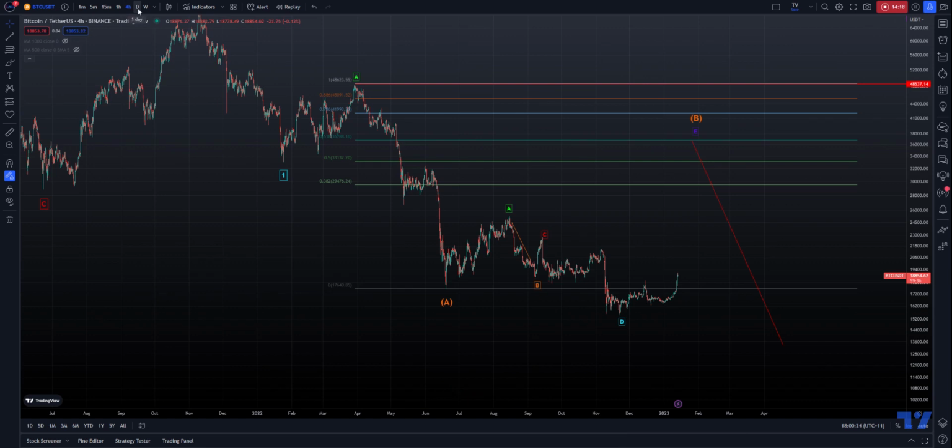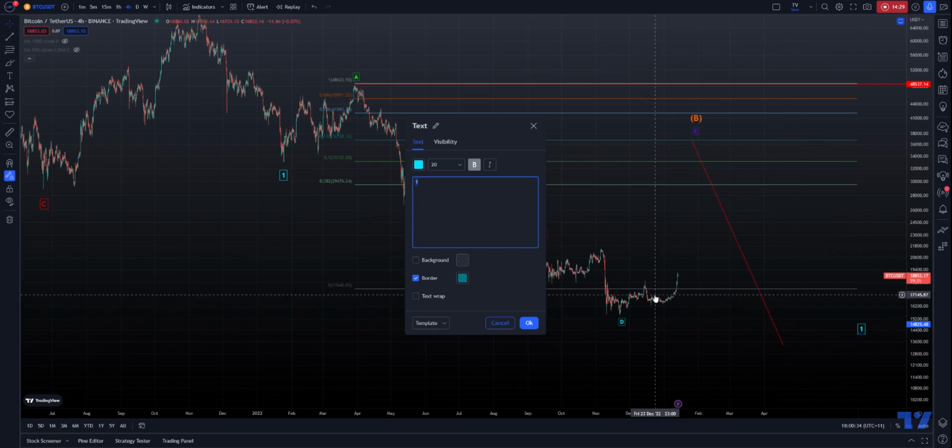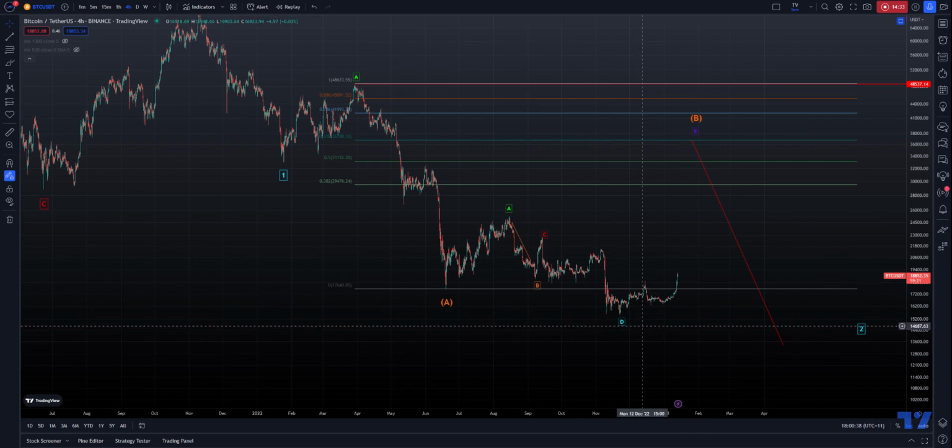Because we haven't even seen a wave 2. That's a problem. So we need to see wave 2 eventually. Where will wave 2 end? We don't know. Nobody knows. But as a guide, wave 2s can end near the end of wave 1. So if it does end up around here somewhere, we still need to make a new low before we come back up to this area.